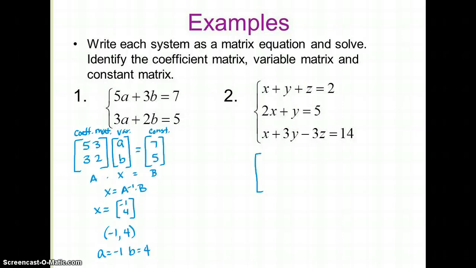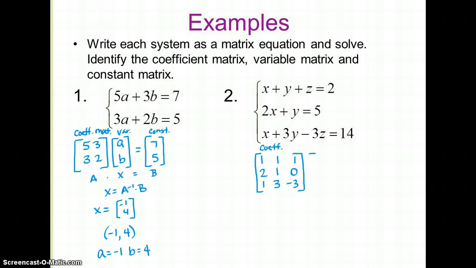So my first row is my first set of coefficients, a 1, a 1, and a 1. Then in the second row, I do my second equation, 2x plus y. So my coefficients are a 2, a 1, and since there's no z, that will be a 0. And then my third equation is a 1, a 3, and a negative 3.